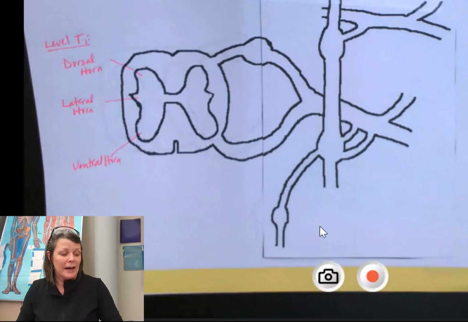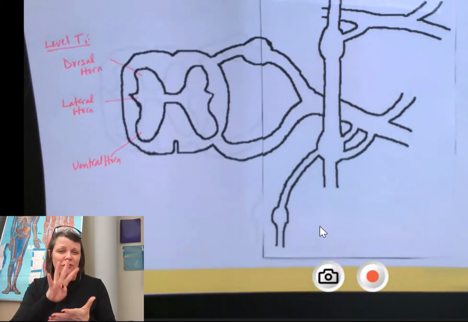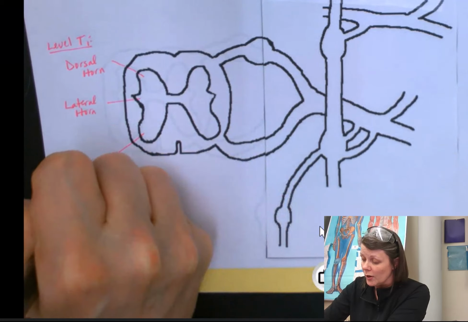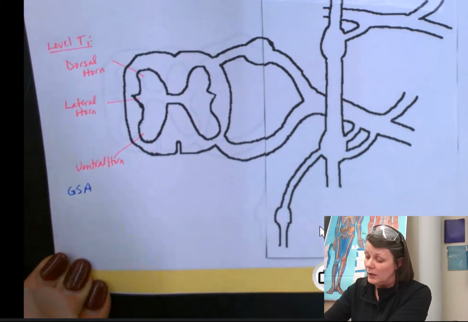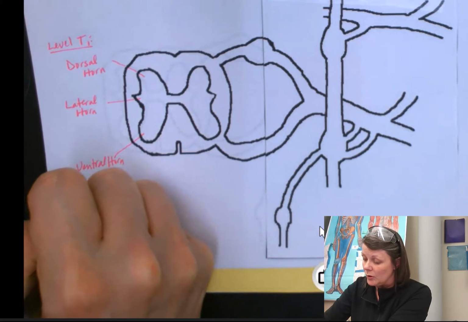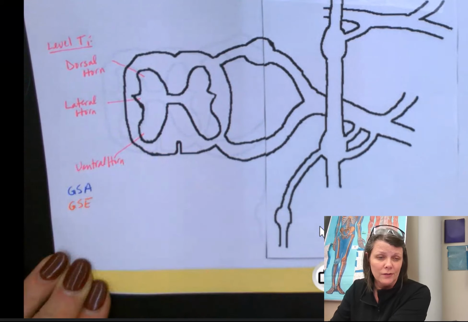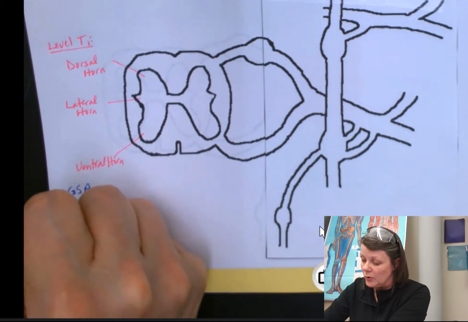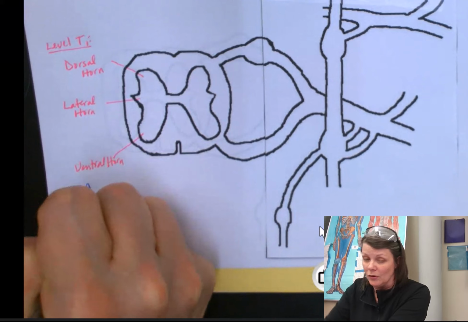On this drawing, I am going to represent 4 different functional classifications of neuron. In blue, I am going to be drawing the GSA neurons. In red, I am going to be doing the GSE neurons. It's supposed to be red. In green, I'm going to be doing the GVA neurons.